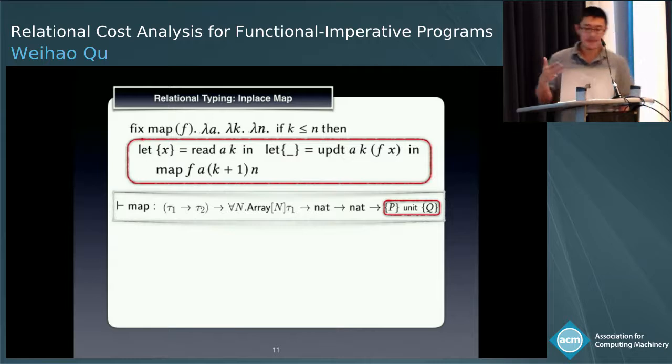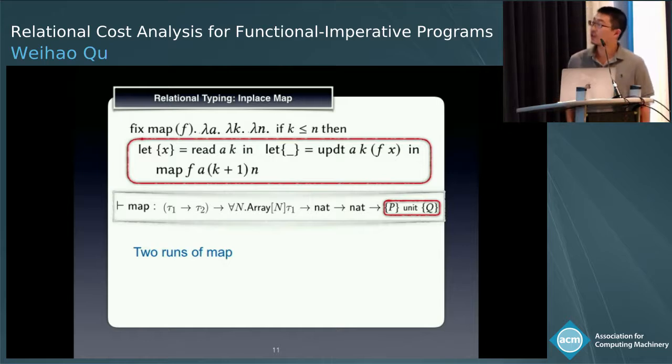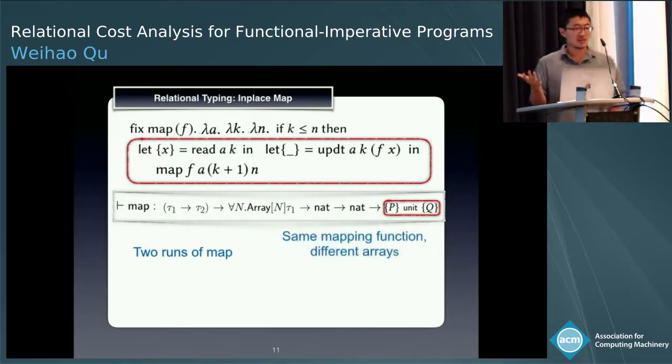Actually, about this example, what we are really interested in is to take two runs of this map function. Specifically, when we have the same mapping function f, but different arrays, still of the same length, we want to figure out what is the maximal variation in the cost of these two runs. This will bring us to our relational cost analysis.